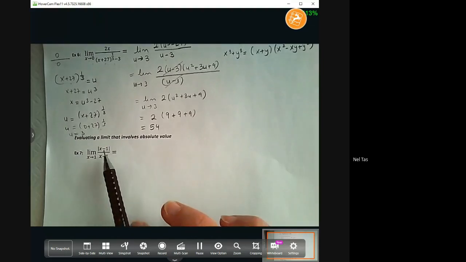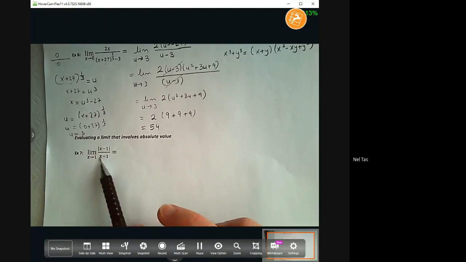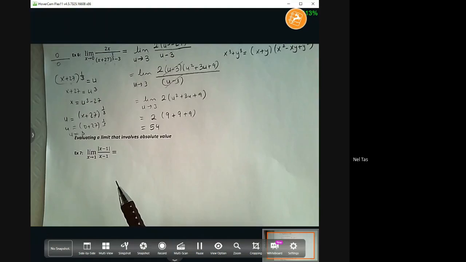But as long as you have the absolute value, you can factor it, you can use the rationalizing numerator or denominator method, or even the changing the variable method. So if you see an absolute value, actually we are going to check the limit from the left side and from the right side separately and decide what the limit is equal to, or if it exists.